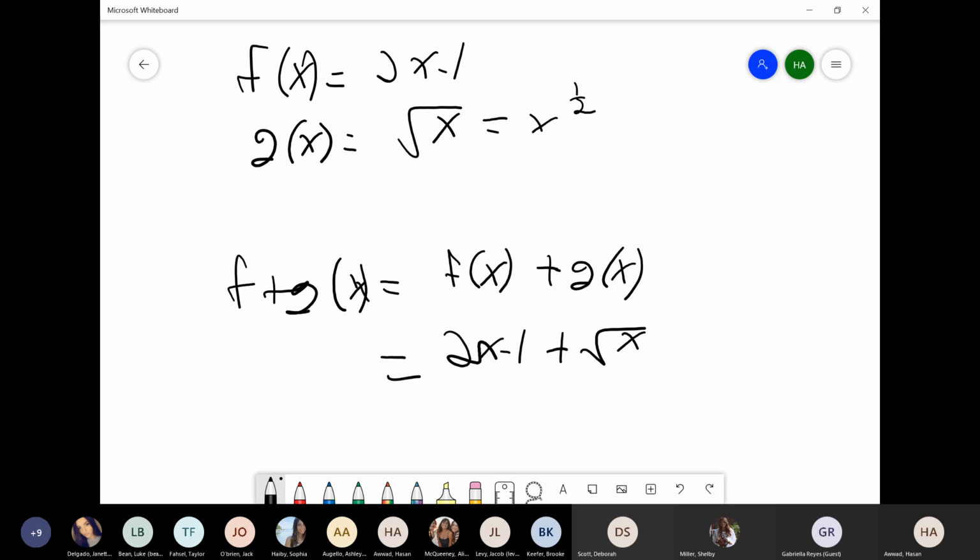And now to figure out the domain of this, you just have to ask yourself the same 2 questions that you're always asking yourself when it comes to domain. Number 1, if I have a fraction, can the denominator be 0? We look at our function here, and there are no fractions, so you don't have to worry about that. But we do see that we have a square root, and the second item when it comes to domain is, can we get a negative number underneath an even powered root?